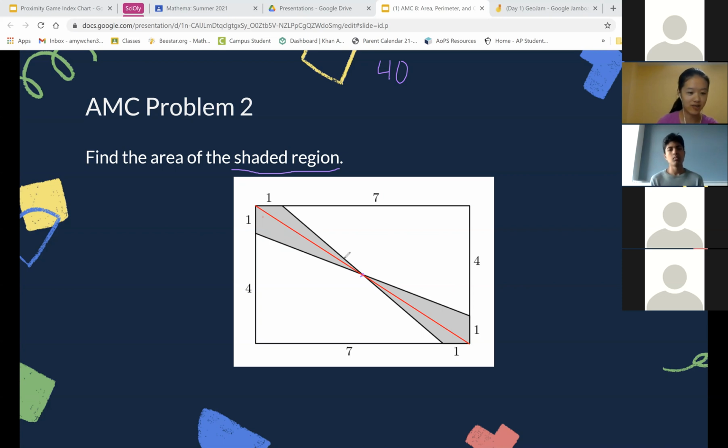Now you can use a triangle formula, or you can solve for the other figures. You could solve for this one and this one. Either way, you don't even have to use the entire figure. Just use symmetry.